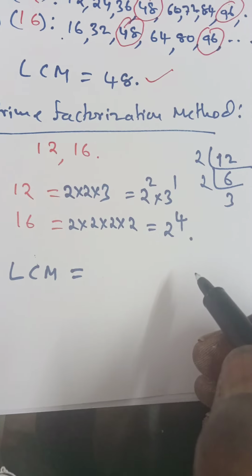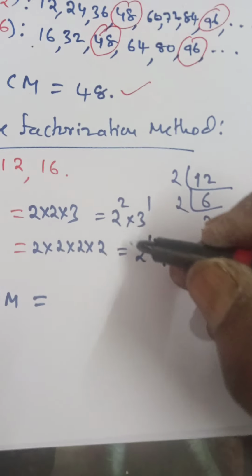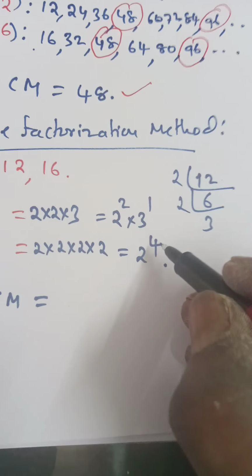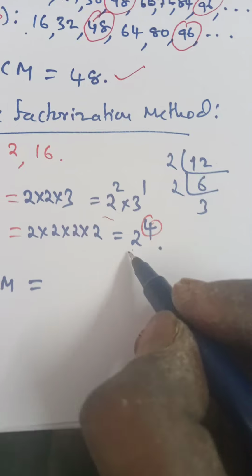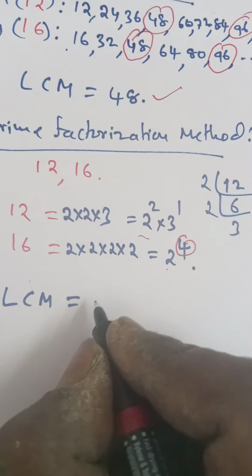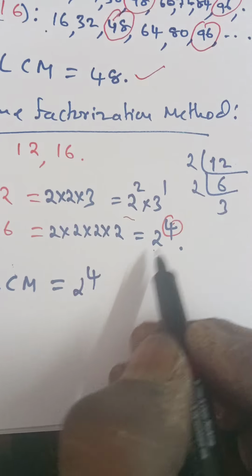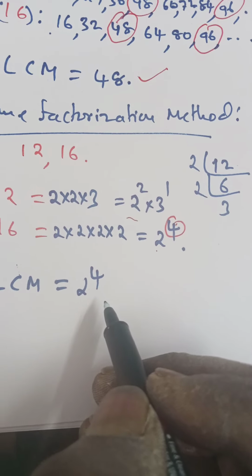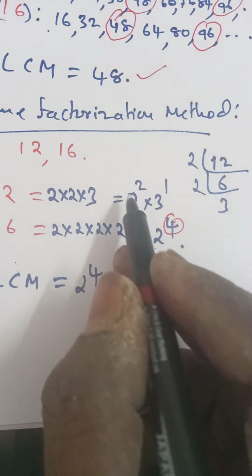To find LCM, you take the same type of exponents, 2 square and 2 to the power of 4, whichever has the power more. Here the 4 is the highest power, so that term we have to take. So 2 to the power of 4. Among these two factors, 2 square and 2 power 4, we need to write 2 power 4. But in case of HCF, we will write only the 2 square, the least one, the common factors.